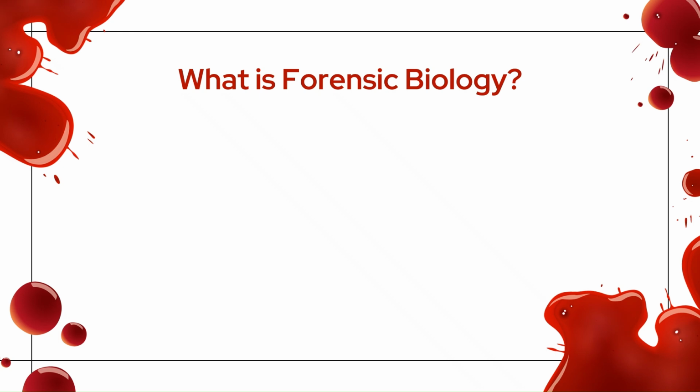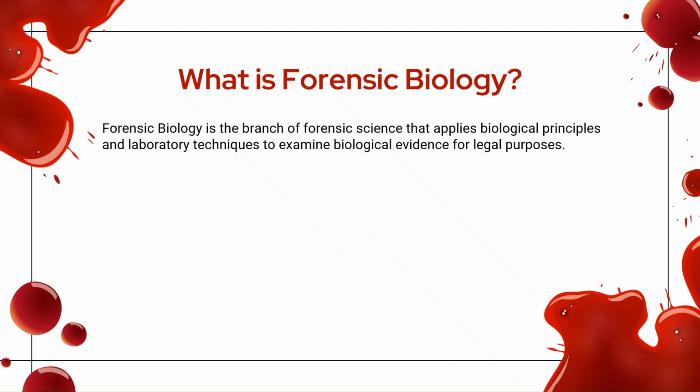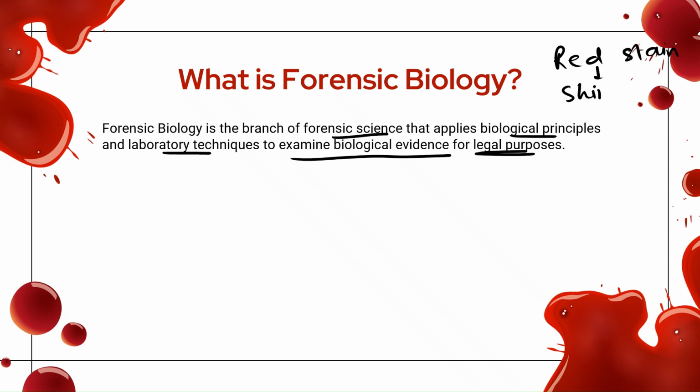Now, if I give you the textbook definition, it would be something like this. Forensic biology is the branch of forensic science that applies biological principles and laboratory techniques to examine biological evidences for legal purposes. But let's simplify that definition because understanding is far more important than just memorizing the definition. Imagine the investigators recover a reddish stain on a shirt that you found at the crime scene.